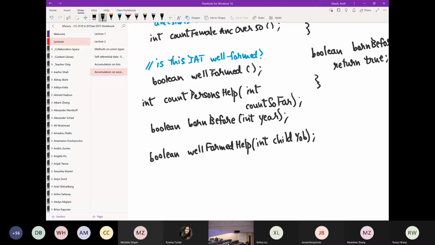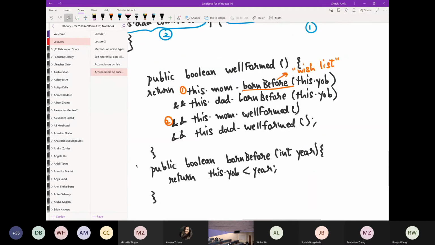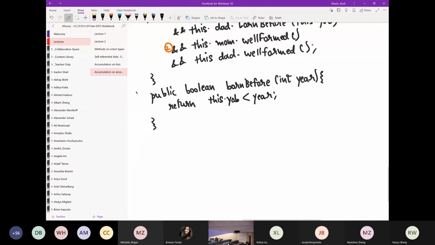So the purpose statement of this would be, given the year of birth of my child, am I a well-formed tree? Okay? How might that work for the person? So for the person, wellFormedHelp.